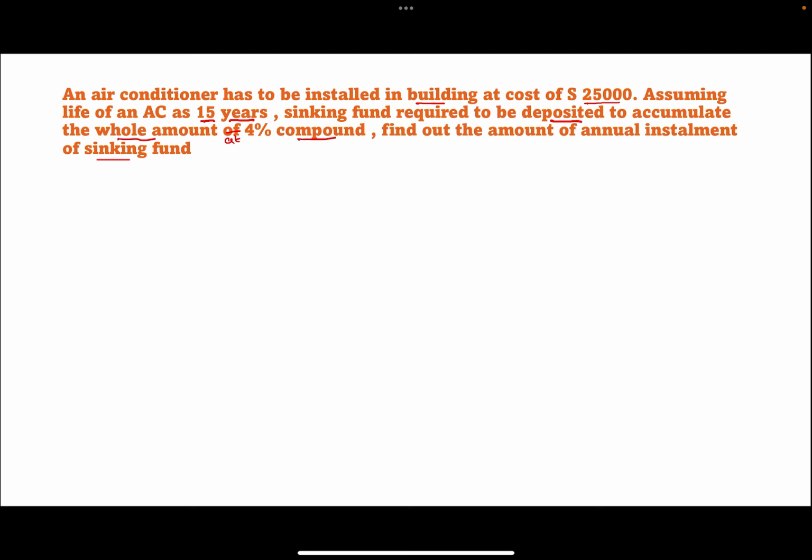In this question, the initial cost is given as rupees 25,000. Here the scrap value is not given, so let us take it as 0, that it does not have any scrap value at the end of 15 years. And the life of the AC is 15 years, so n is equal to 15. Then you need to find the amount, that is the annual installment to the sinking fund.